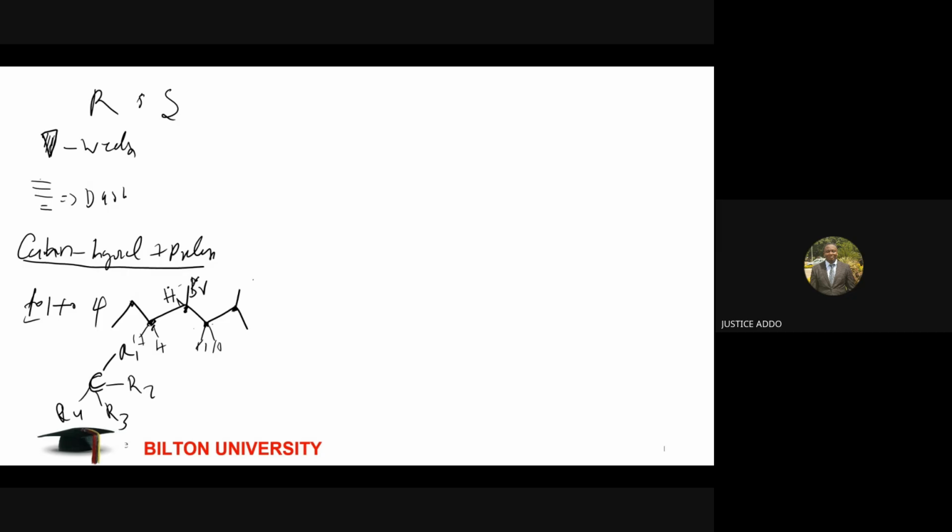For example, if I put chlorine here, this carbon is directly bonded to carbon, chlorine, and hydrogen and hydrogen. If you look at this carbon here, it is bonded to hydrogen and another hydrogen, and to another carbon here. So you have carbon, hydrogen, hydrogen. In this case, this one will take our second priority because chlorine is greater than these carbons.